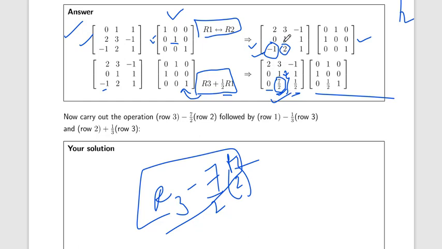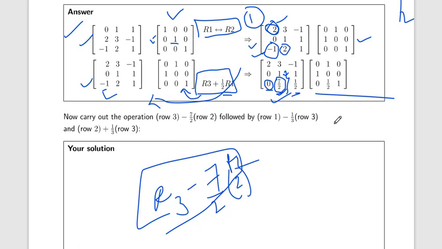Which method or which operation you use, first of all, in this example we will transfer this matrix so that first this becomes 0. Also first of all you can transfer this 2 into 1, because we want to transfer this into identity. So first you can transfer this into 1, then apply this operation, or you can apply this operation first and then transfer this 2 into 1.